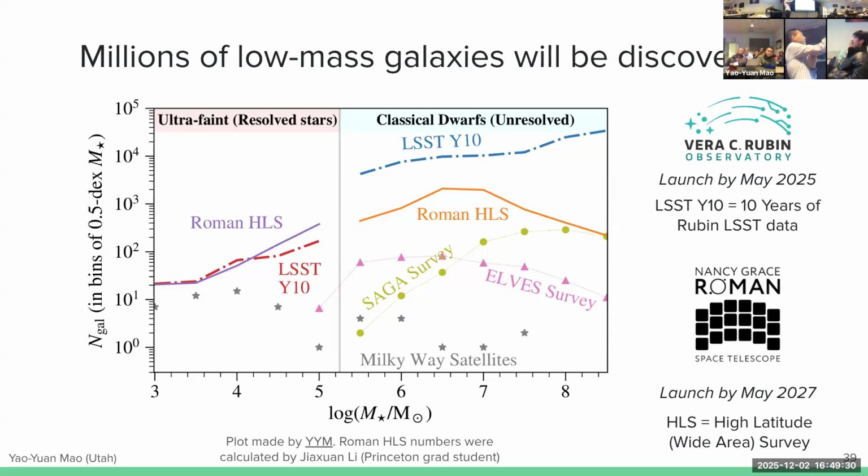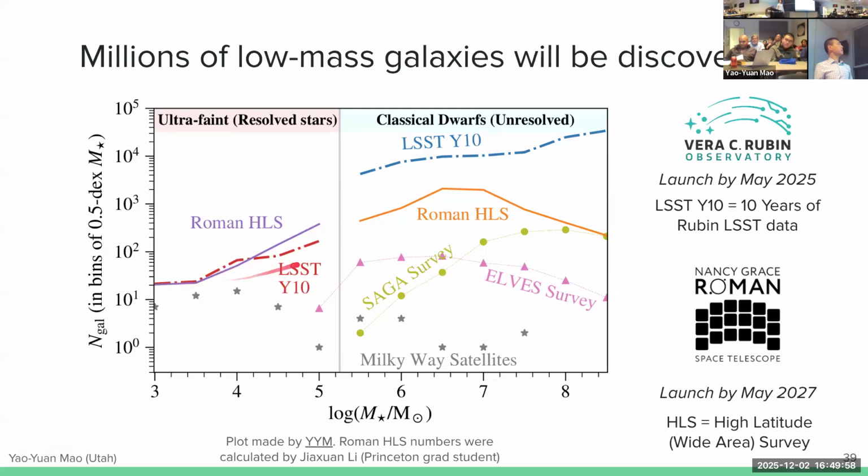With LSST year 10 in the unresolved region, we will jump to this blue line here, assuming we have a good photometric way to identify low mass galaxies. And by the way, the numbers are done in bins of 0.5 dex. So if you add up these points in each of the 0.5 dex bins, that gives you almost a million galaxies in the unresolved region itself.